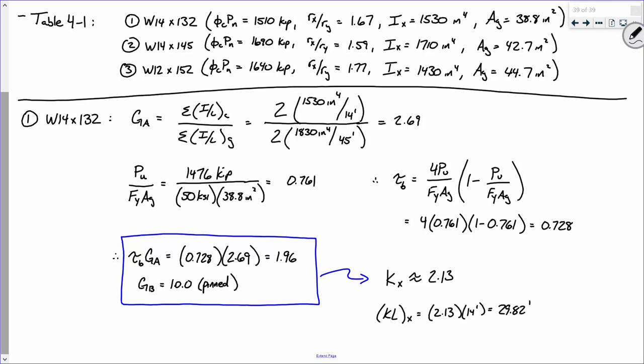Let's see if you all remember where to use that. We take KL effective, and we say that that's KL in the x direction divided by Rx over Ry. So that's 29.82 feet divided by, what's Rx over Ry for this column?